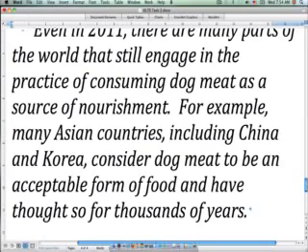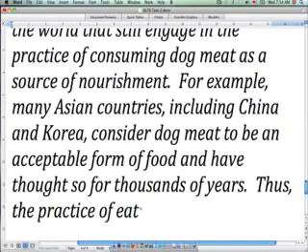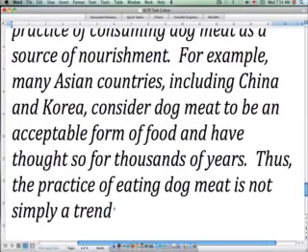So, let's say here, thus, the practice of eating dog meat is not simply a trend. This is not something kind of passé, or something that has just started five years ago.